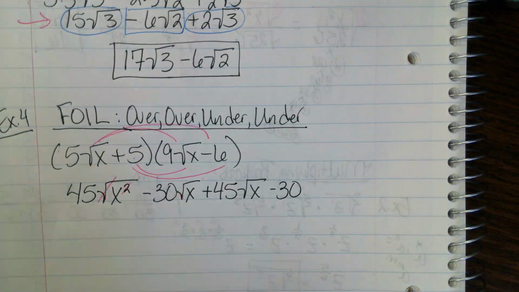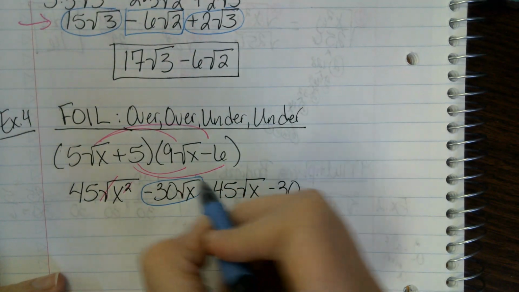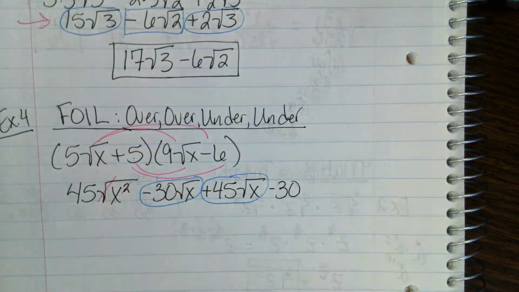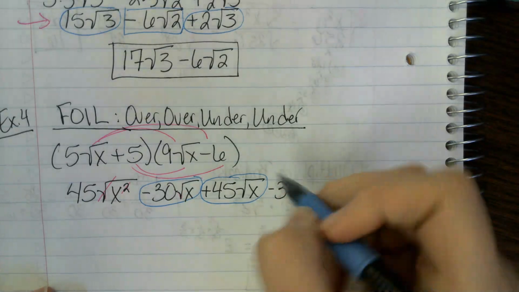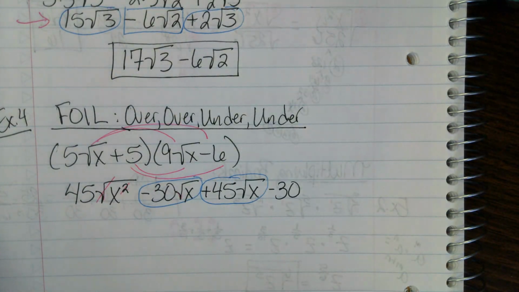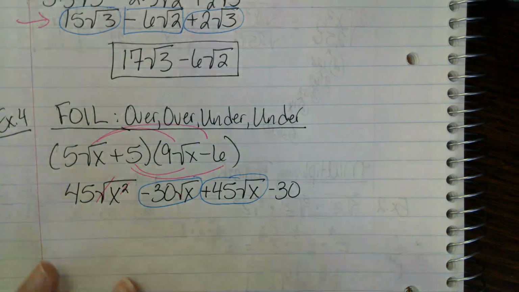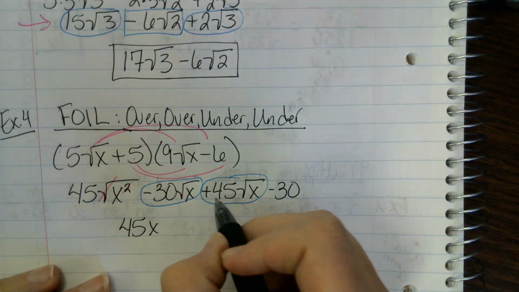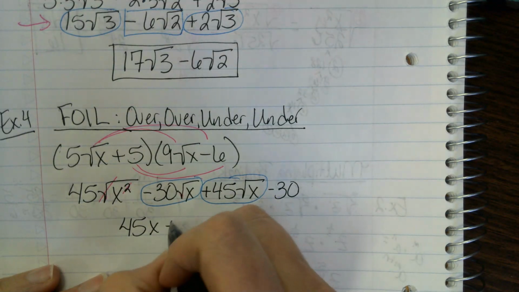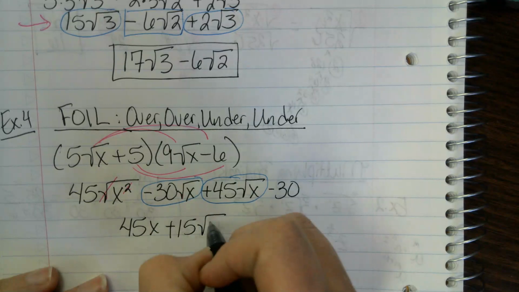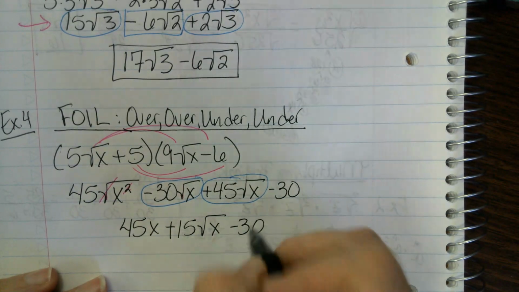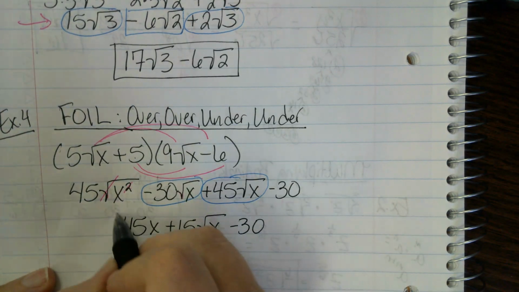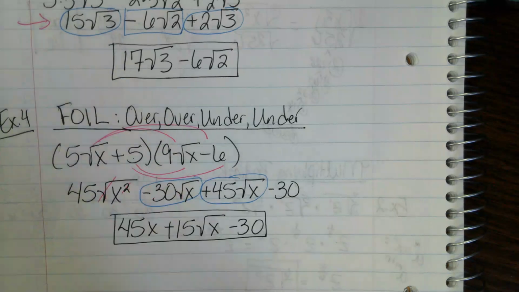Negative 30x square root x can be combined with 45 square root x. Okay, here we go. So I get 45x here. Negative 30 plus 45 is positive 15 square root x minus 30. Okay, none of those can be combined. None of them are like terms.